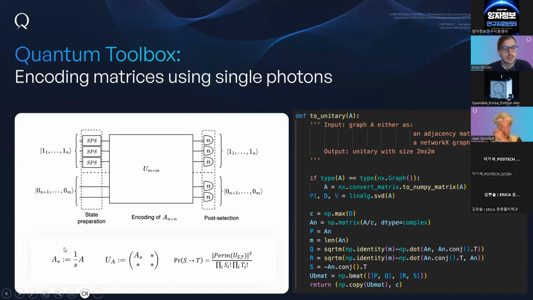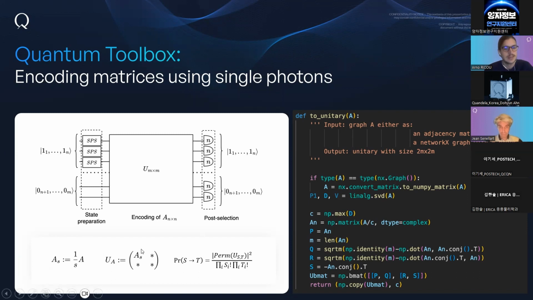So the process goes as follows. We take a matrix A that represents the adjacency matrix of a graph. Whenever two nodes are linked, so if node I is linked to node J, we put a 1 in the ij position of the matrix. That's how we define the adjacency matrix. And then we scale this matrix down so that all the values are in a good segment.